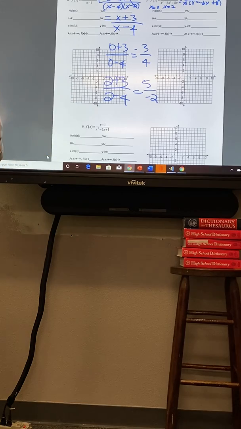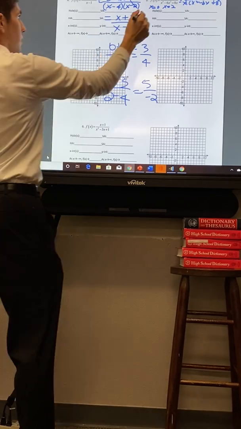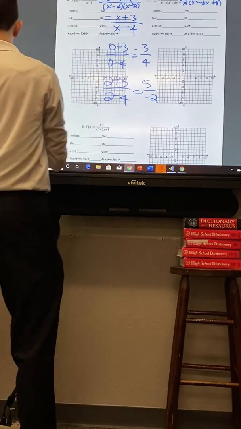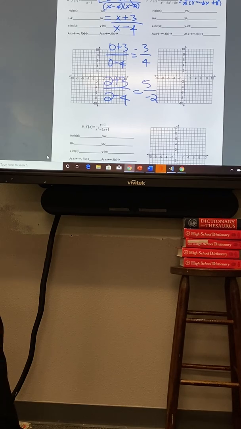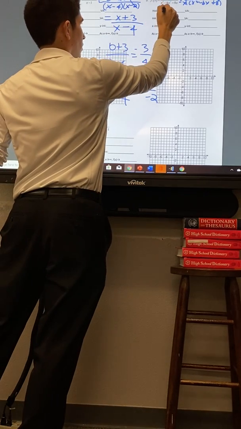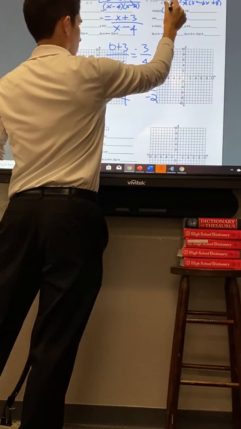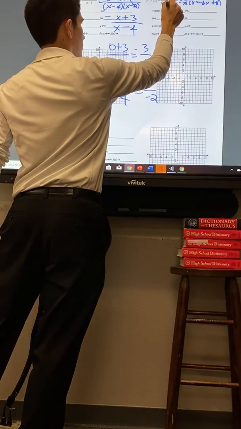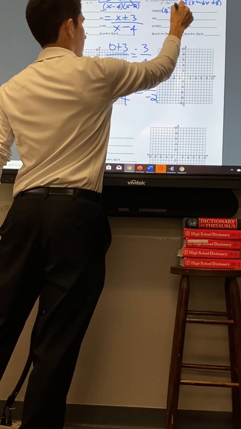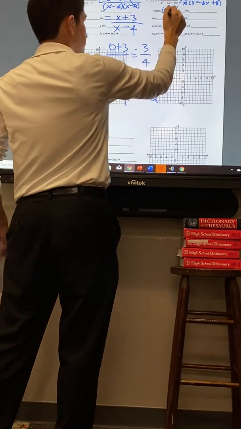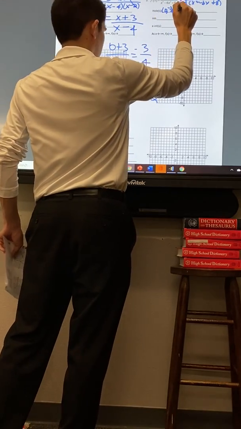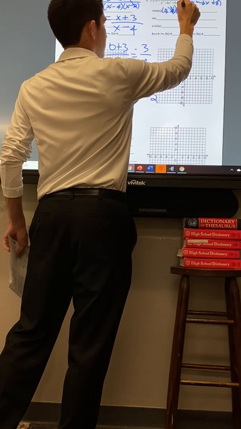So now I know these points, and I will have to write it like this on the quiz: 0, comma, negative 3/4, and 2, comma, negative 5/2.